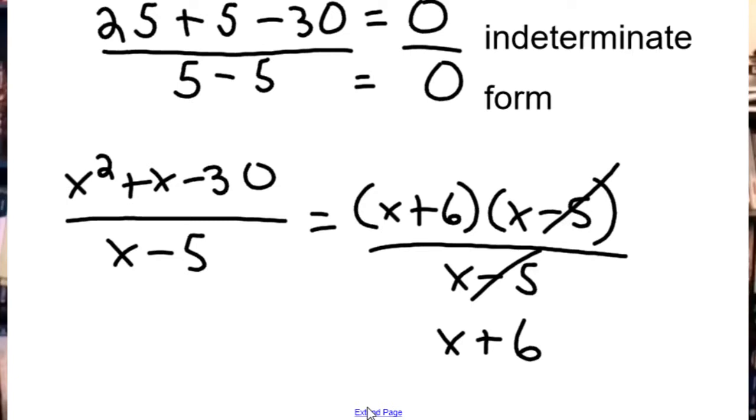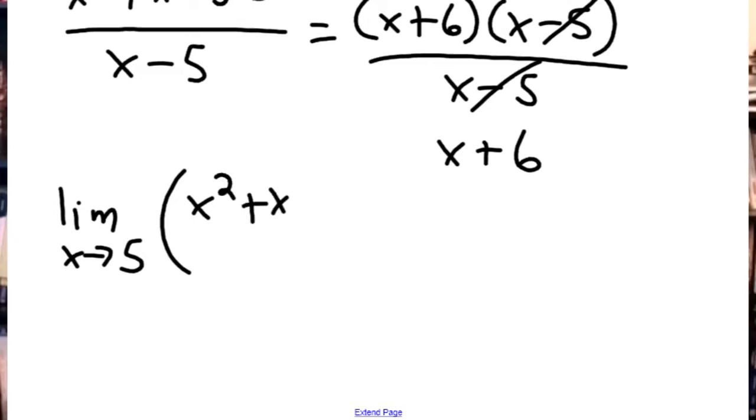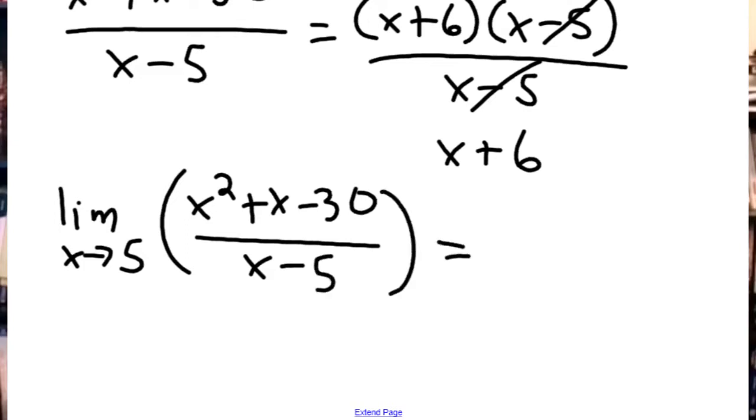that I can find the limit of the first function as x goes to 5. So I can find the limit as x goes to 5 of the original function. So I'll go ahead and write it. And that will equal the limit as x goes to 5 of x plus 6.